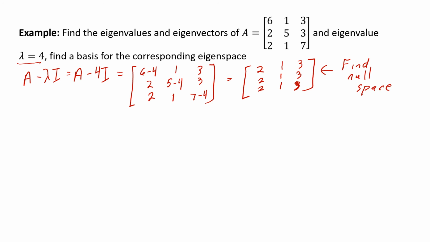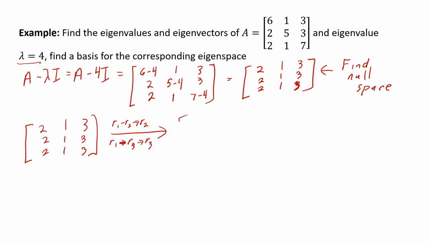And this is something we've done before. So how do we do it? We row reduce. I'm going to do row 1 minus row 2 is the new row 2. And to save time, I'm going to do row 1 minus row 3 is the new row 3. What are you going to get? 2 rows of zeros.